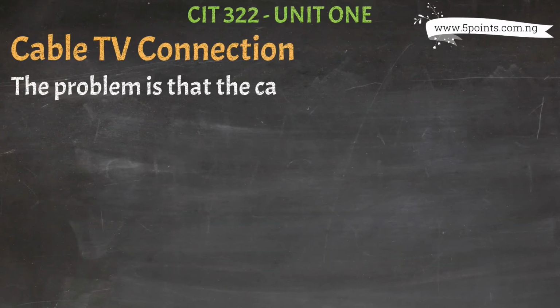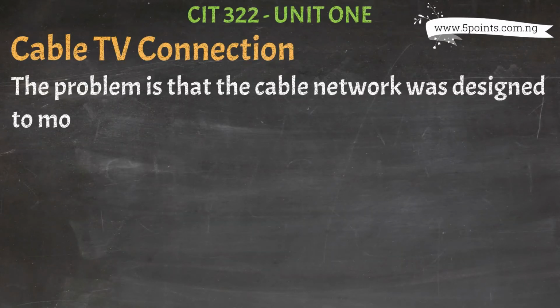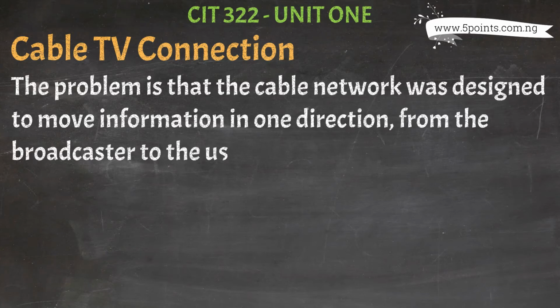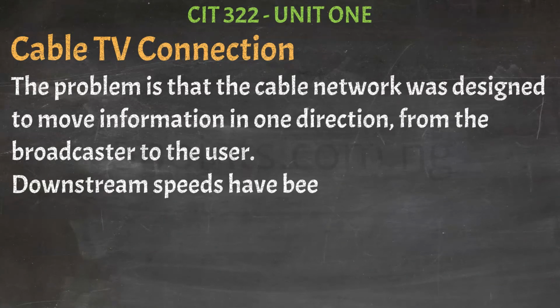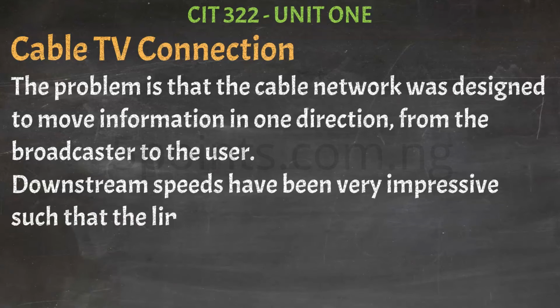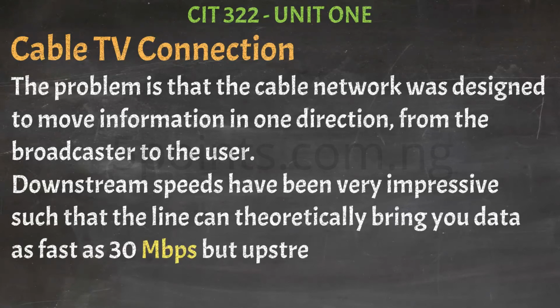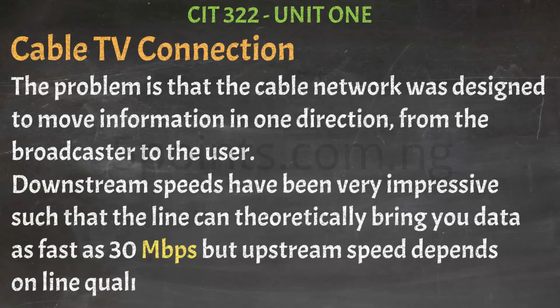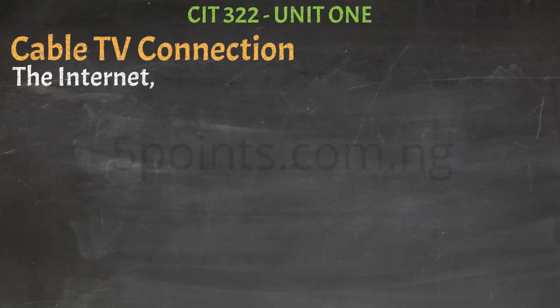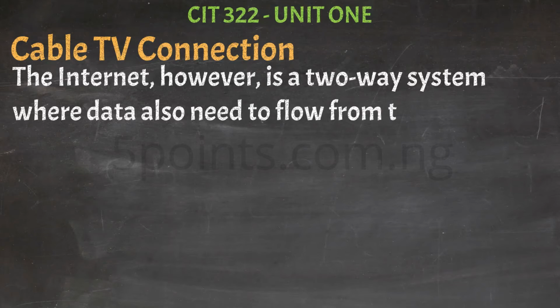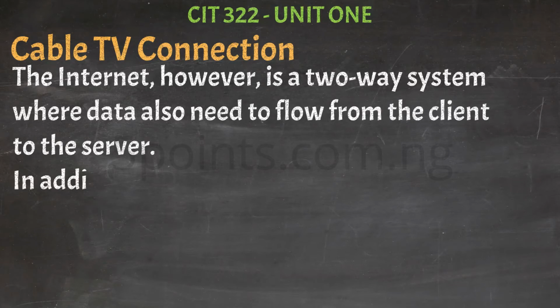The problem is that the cable network was designed to move information in one direction, from the broadcaster to the user. Downstream speeds have been very impressive, such that the line can theoretically bring you data as fast as 30 megabits per second, but upstream speed depends on line quality. The internet, however, is a two-way system, where data also need to flow from the client to the server.